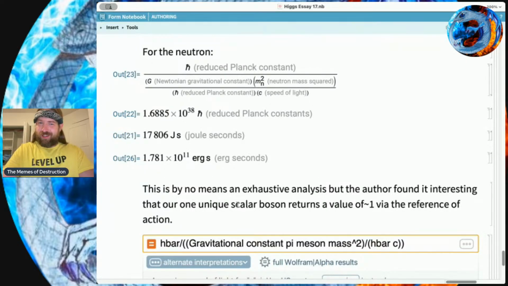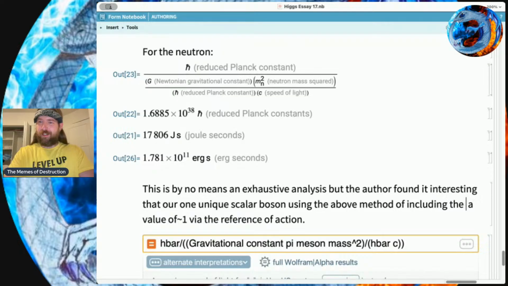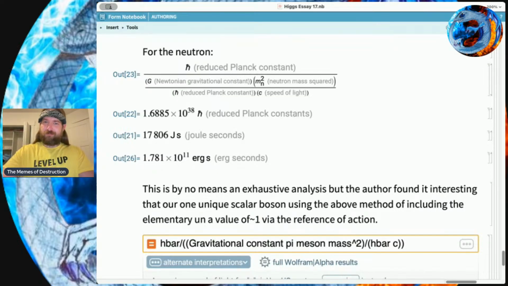Our one unique scalar boson, using the above method of including the elementary... There should be two sentences.